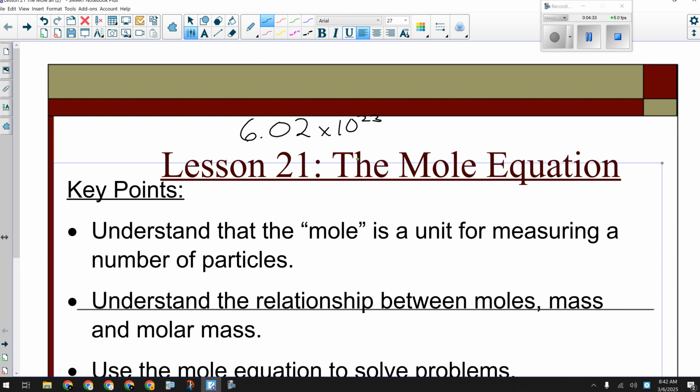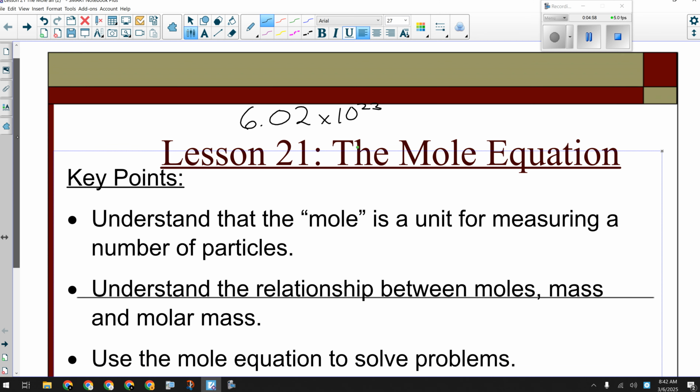So the number you see on there is the molar mass, or atomic mass, of each element. If I have 6.02 times 10 to the 23 titanium atoms, I will have 47.87 grams of titanium. Everybody all right with that idea?